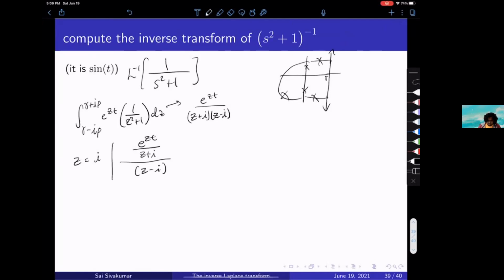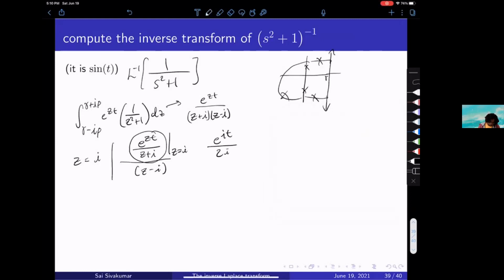This is inspired by the Cauchy integral formula. So this is basically like covering up: you cover up the z minus i, and you evaluate the stuff on top at z equals i. That'll just be your residue. So you get e to the it over 2i. So that's one.